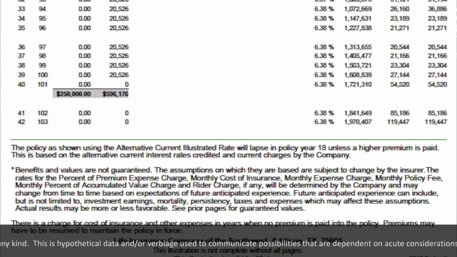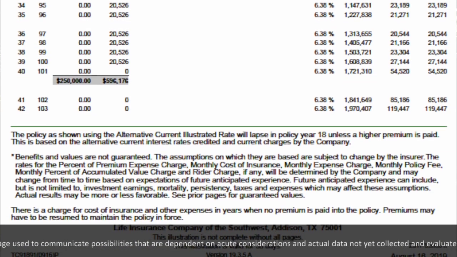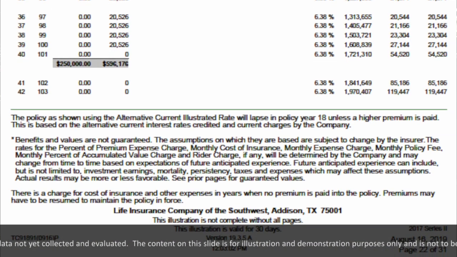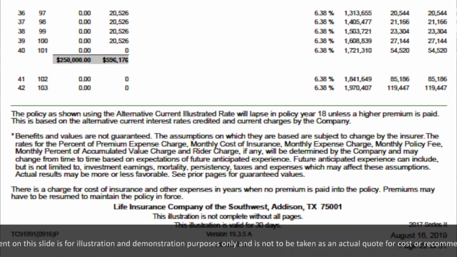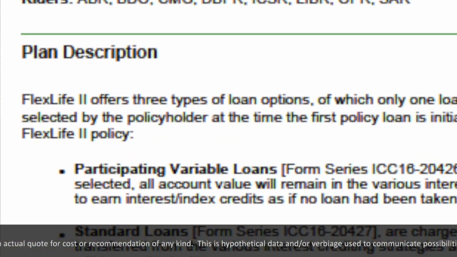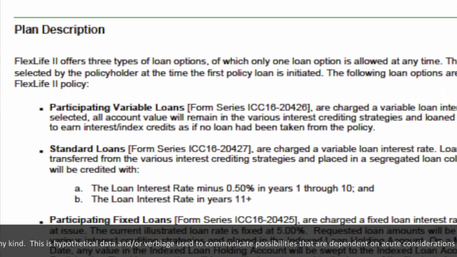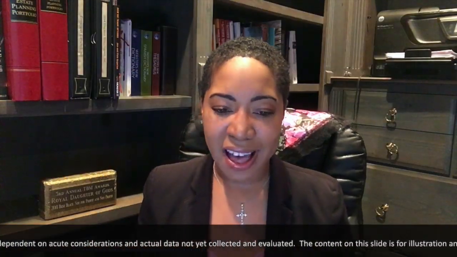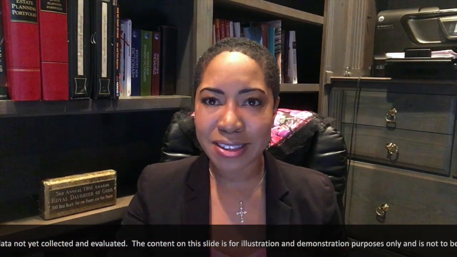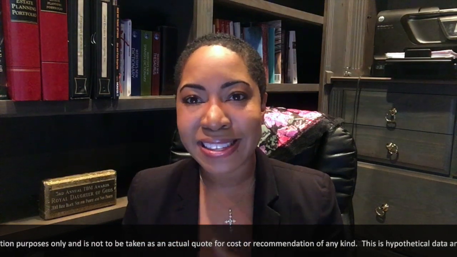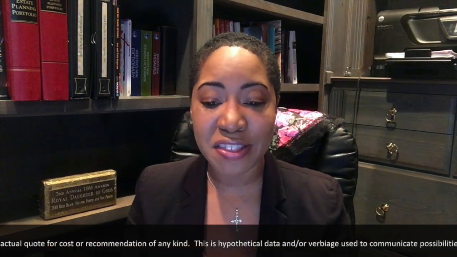If we reflect back, when we were looking at all of the explanations that introduced these ledgers, these numbers, all the way back to page 8, where page 8 gave us a plan description that actually introduced us to the 3 different loan options. The alternative current illustrated rate is defined or explained there.